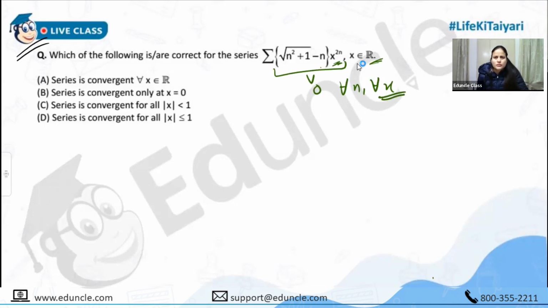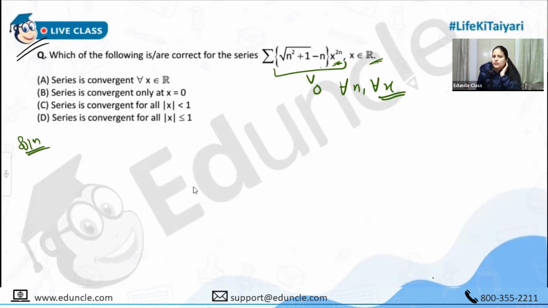Okay, which test do you want to apply here? Kaun sa test apply karna chahoge yahan par? We can apply here the root test, or we can apply the comparison test as well.